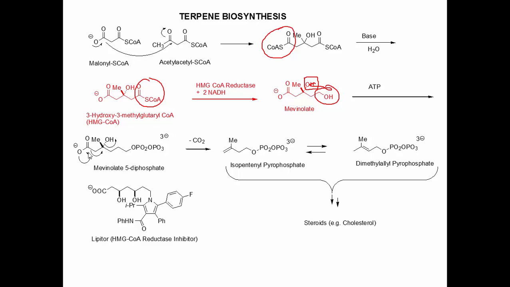And we're going to now do what we call a decarboxylative elimination. It's going to take out this CO2 group here, and we're going to lose the hydroxide group, and we're going to now have this compound right here, isopentenyl pyrophosphate, which is interconverting with this compound called prenyl or dimethylallyl pyrophosphate.